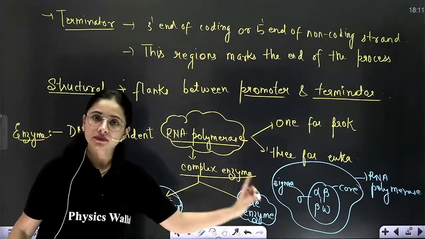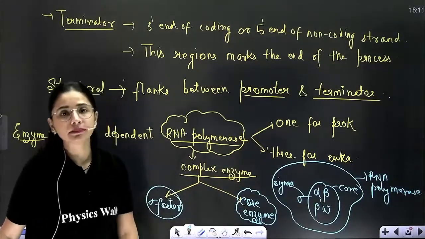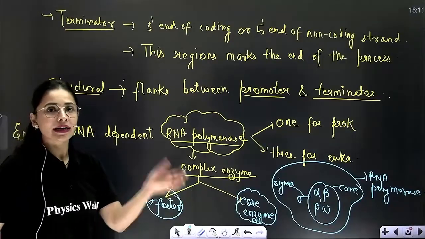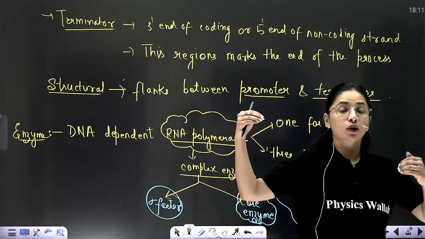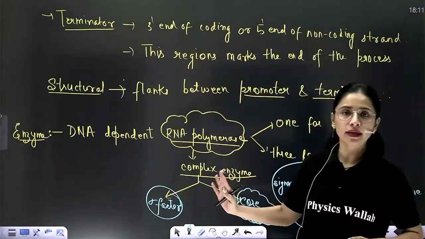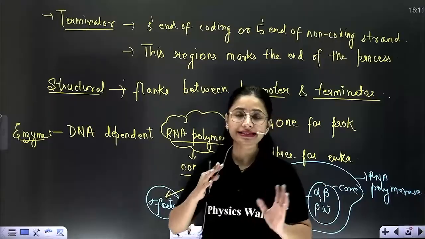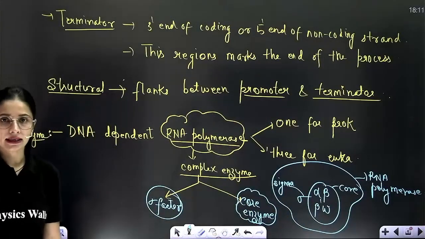It is present as 1 for prokaryote and there are 3 different types of RNA polymerase for eukaryote. In case of eukaryote, every different polymerase has a role to synthesize specific RNA only. I'll tell you later which RNA polymerase in eukaryote synthesizes which sets of RNA.